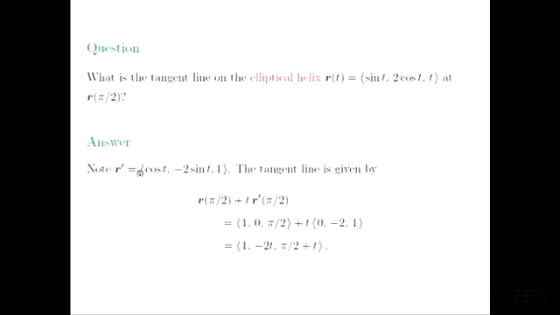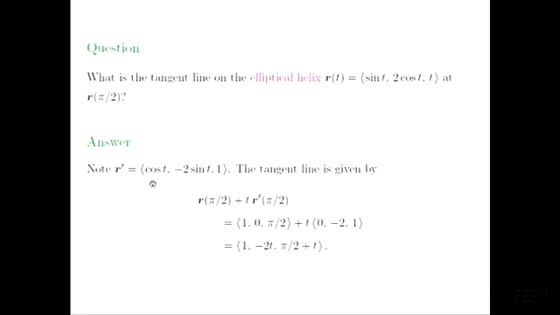All right, so note, the derivative of r is going to be what? Well, sine goes to cos. Cos goes to minus sine, so that gives us minus 2 sine t, and t goes to 1. All right, the tangent line is then given by r at pi half plus the parameter t, in the direction of the tangent vector r prime at pi half.